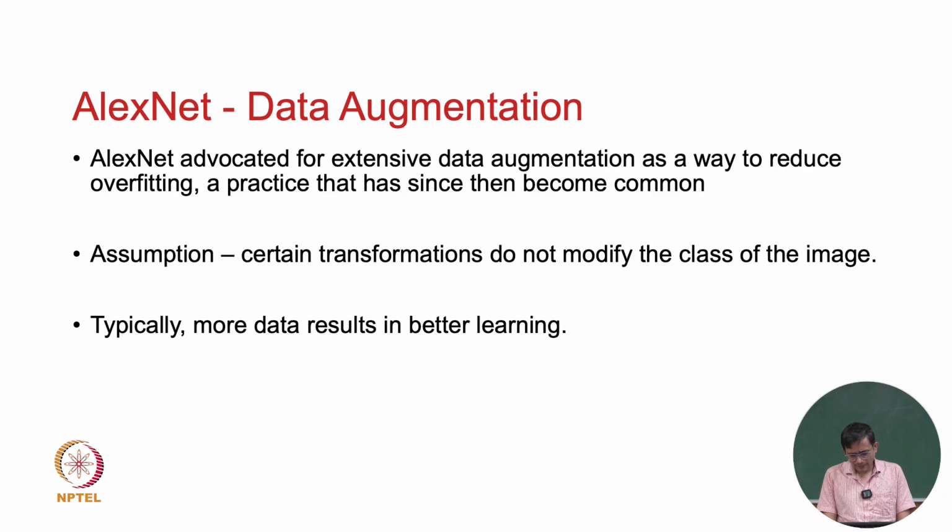It has been cleverly used in some of the learning paradigms that we will discuss later. The assumption behind data augmentation is that certain transformations do not modify the class of the image, and this leads to the availability of more data that results in better training.